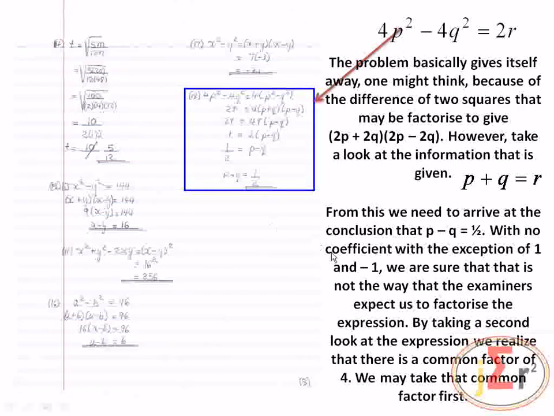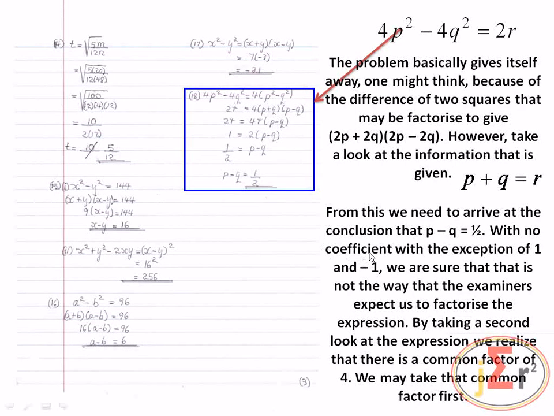Why are we taking out 4 as a common factor first? Because here we have P + Q is equal to R. The only coefficient is +1 and +1. Here we have P - Q is equal to a half. The only coefficient here is +1 and the only coefficient here is -1. Therefore, all of the coefficients are equal to 1.